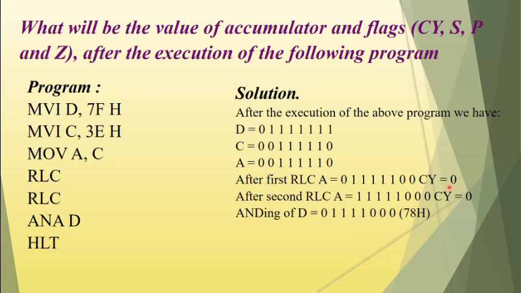After the second RLC instruction, this 0 will move here, and the accumulator contents will be 1, 1, 1, 1, that is nothing but F, and 1, 0, 0, 0, that is nothing but 8, and carry flag will be 0.